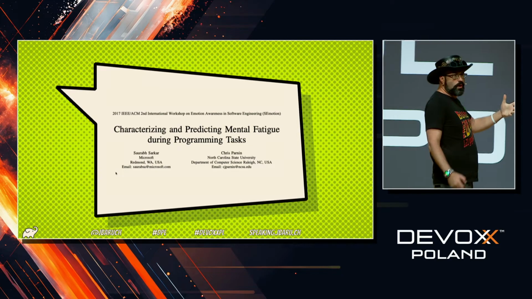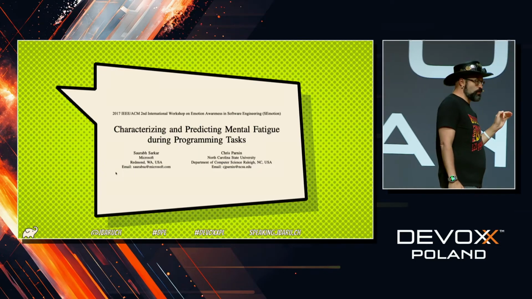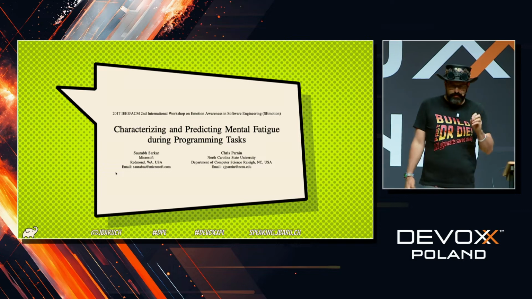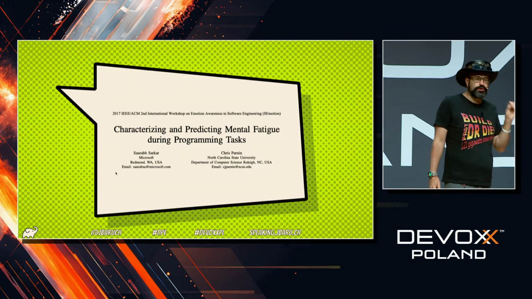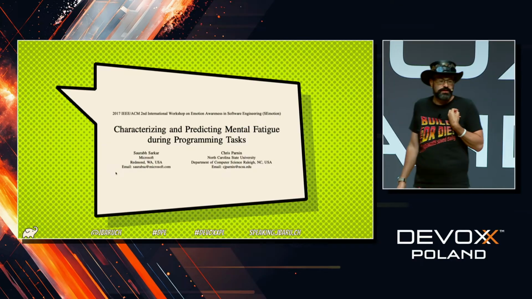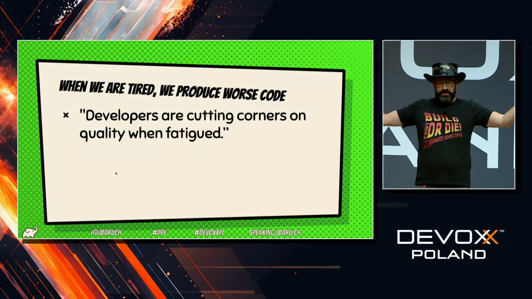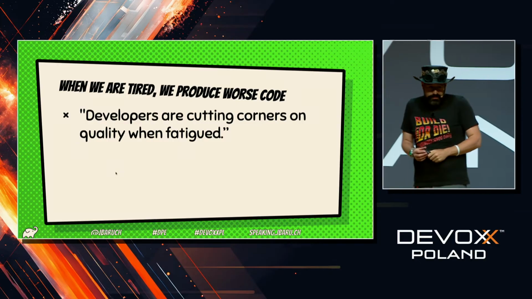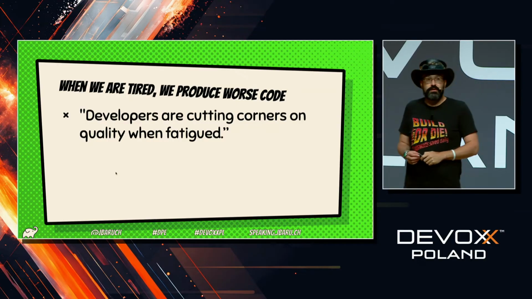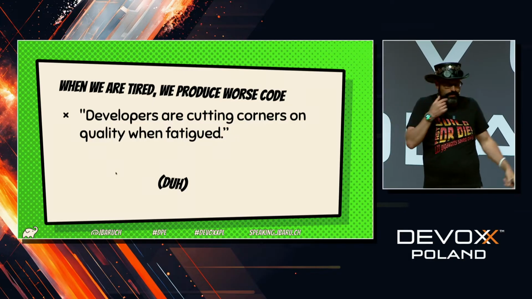Okay, more awesome research papers. This one I love the most. Characterizing and predicting mental fatigue during programming tasks. Very dear to our heart. Well, the big reveal here is that developers are cutting corners on quality when they are tired. Who could guess, really, right?